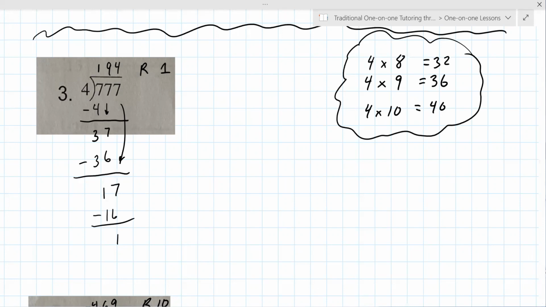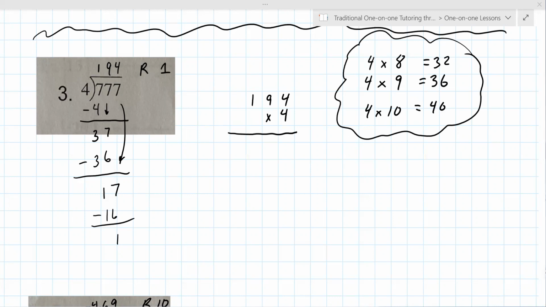Yeah, you take the answer, multiply it by the divisor, that's 4, and then you add the remainder and see if it matches. So is this something you're comfortable doing here, 194 times 4? I could try it.